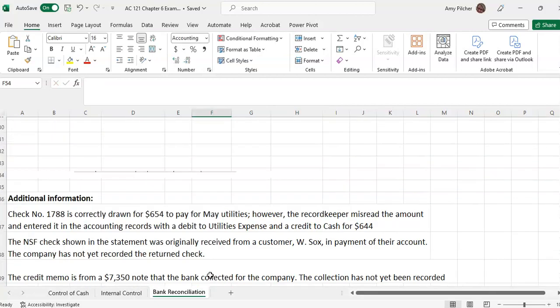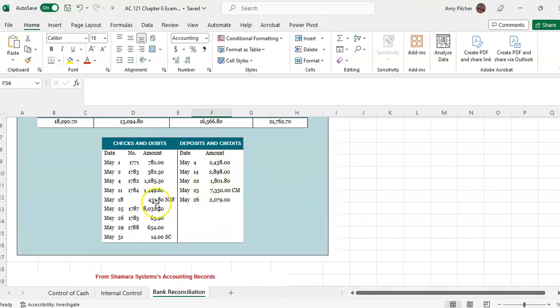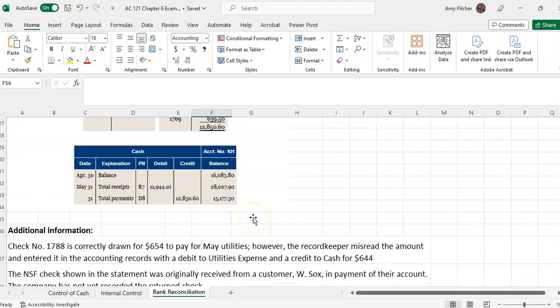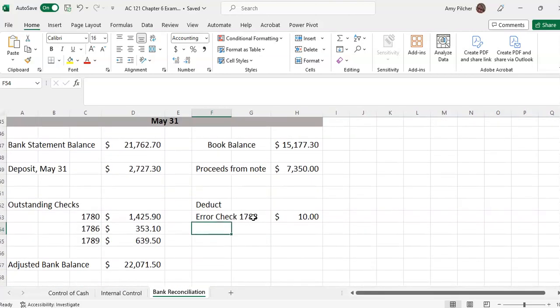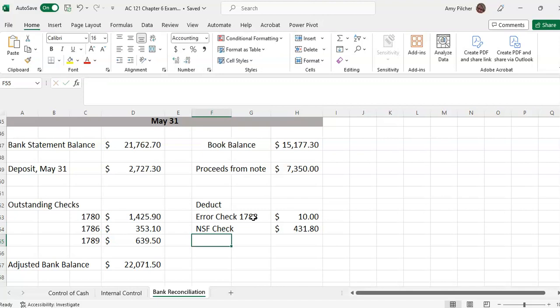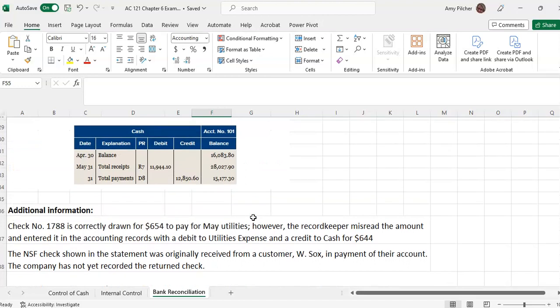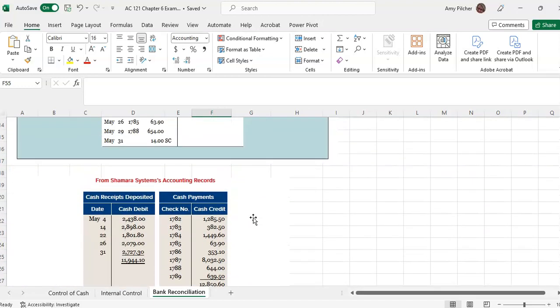The next thing that we have is a returned check. We have this non-sufficient funds check here on May 18th that was returned, $431.80. So we have a non-sufficient funds check for $431.80. And then the last thing we need to look for are any other errors or just bank fees.